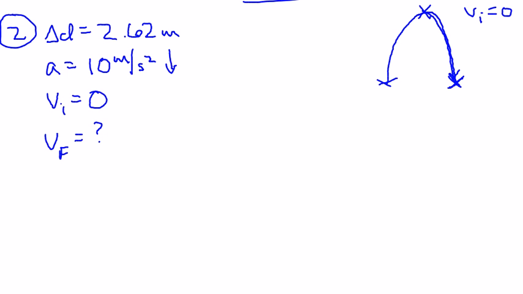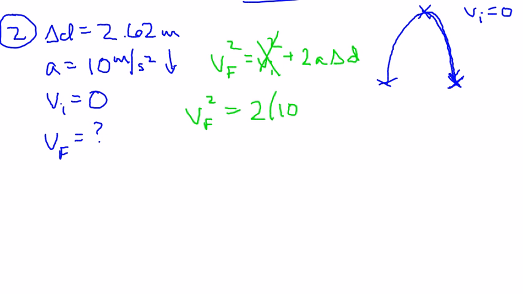If we go ahead and look for an equation here, we're going to use VF squared equals VI squared plus 2A delta d. Again, we have VI, we have A, and we have delta d, so this is our equation. We're looking for VF. VF squared, VI in this case is 0, so we can ignore that, equals 2 times 10 meters per second squared times delta d, which is 2.62 meters.